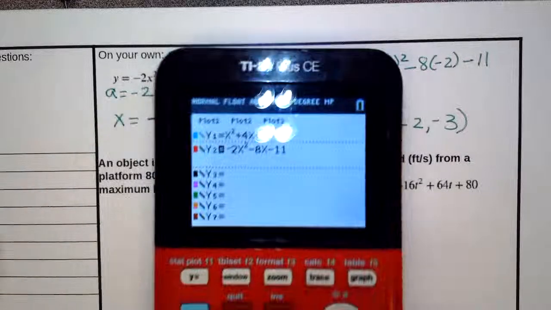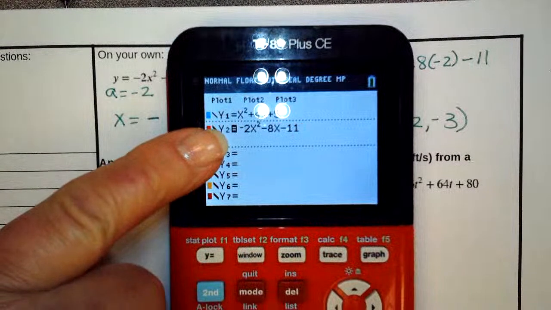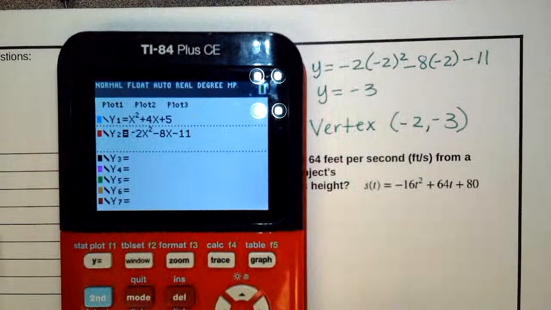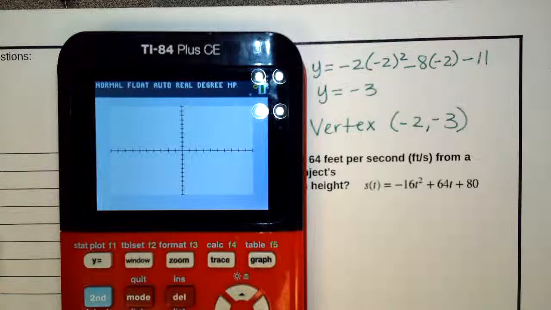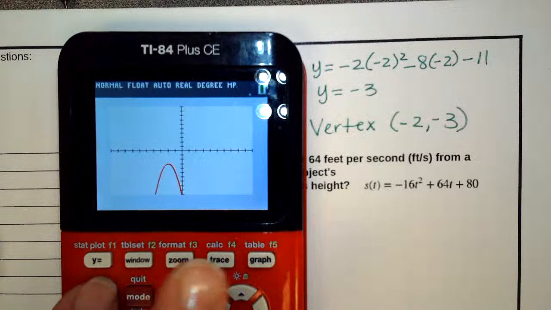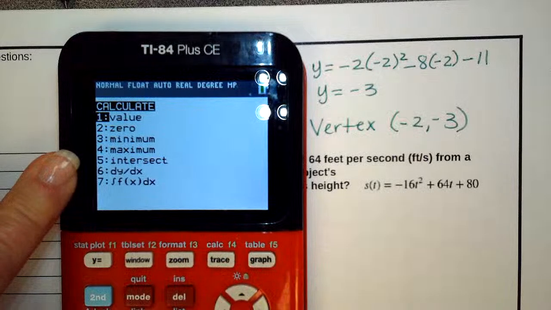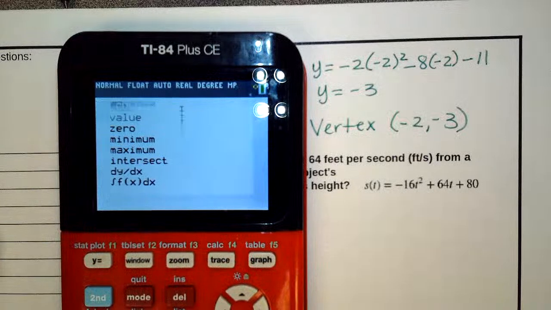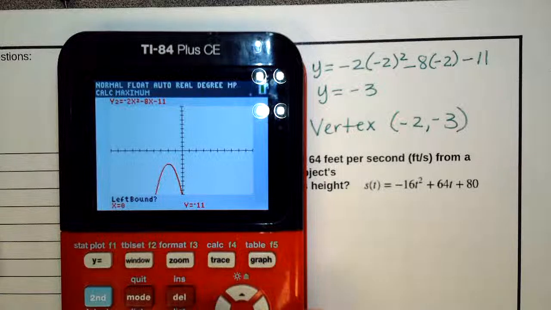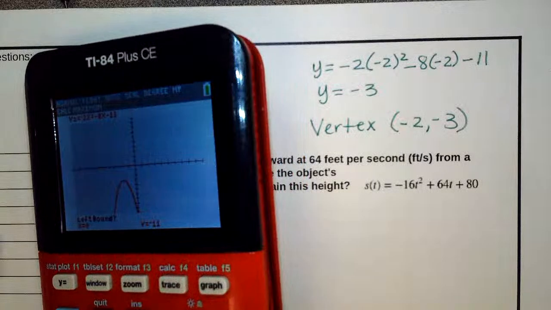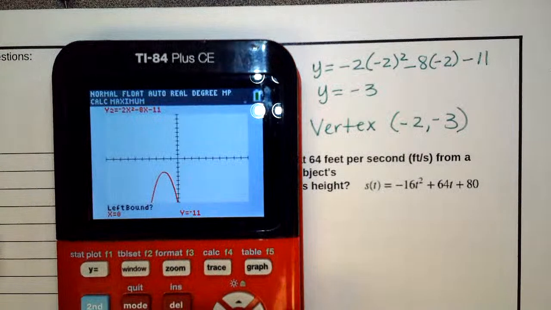We're going to check it with the calculator. If you've noticed, I've got it put in the calculator. I'm going to hit graph. And you can see where it's at this time. I will hit second trace, and I want the maximum. So I'm going to hit that number 4. Okay, left bound, it's got it at 0, -11, so I know I've got to come up and go to this side.